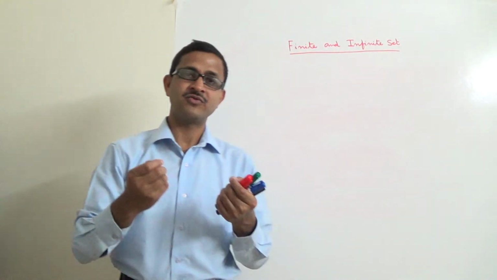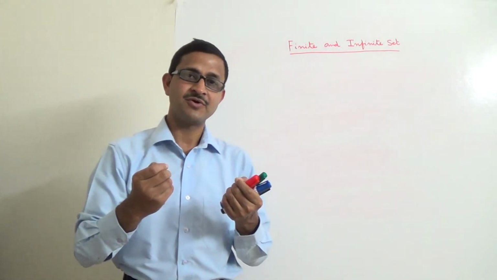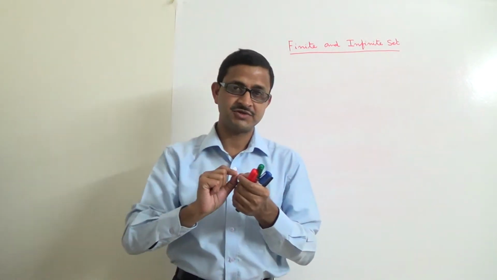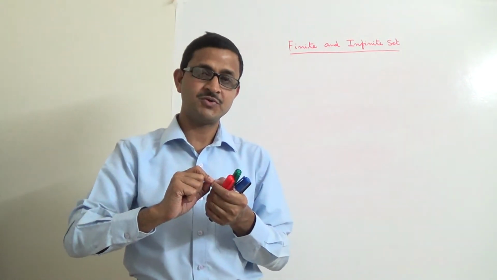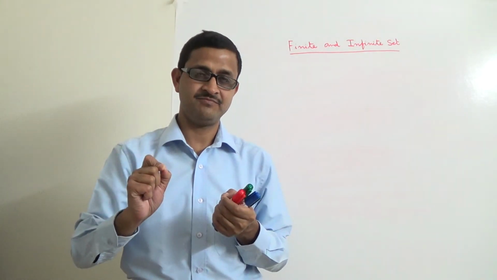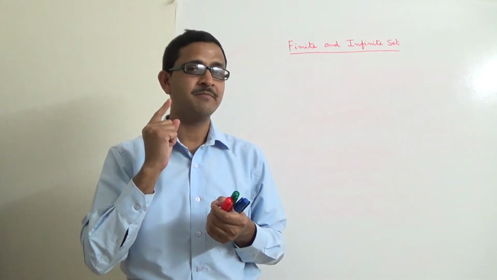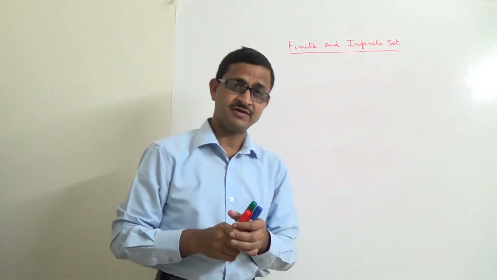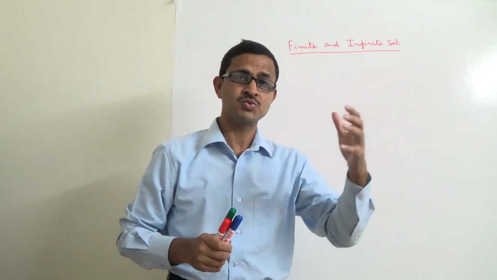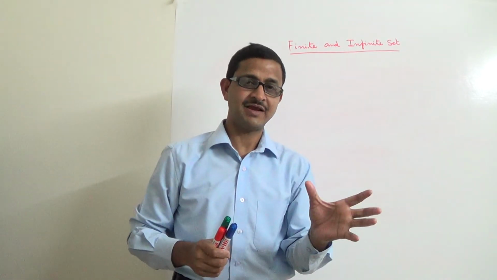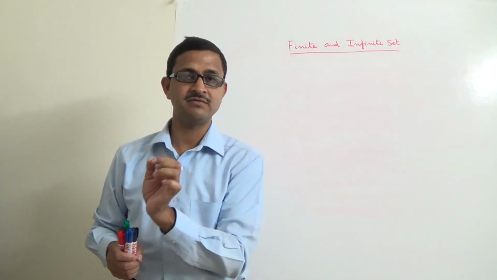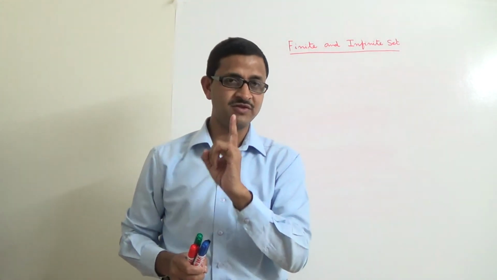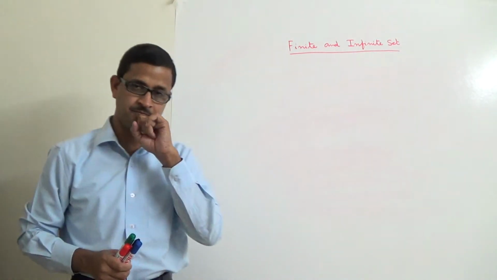That means the elements we can count. Here one point has to be noted: if there are two elements with the same name, we count it only once. What does it mean? If a set has elements 1, 2, 2, 3, we should not write like that. We should write 1, 2 and 3. That means the repetition of 2 should be ignored. Only once we consider that element 2.